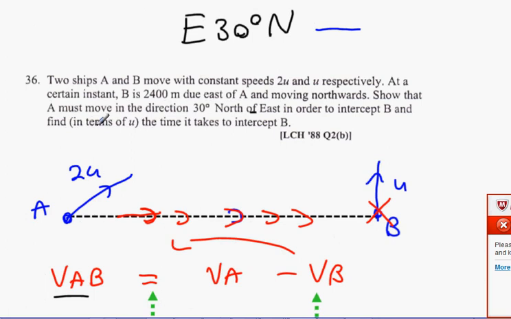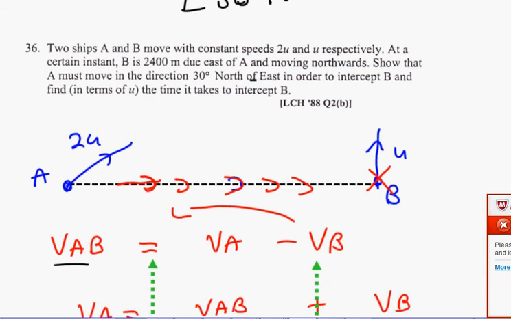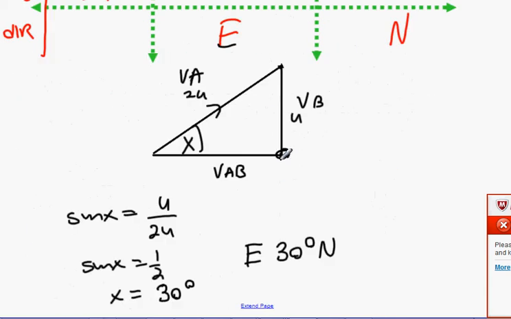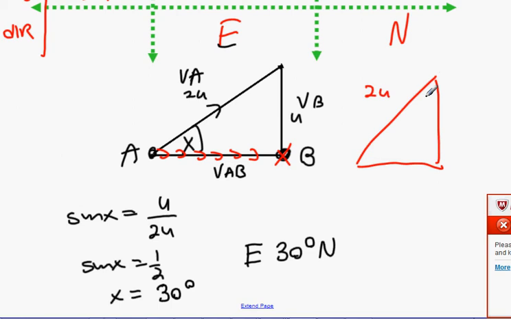Next part is, in terms of u, find the time taken to intercept B. Remember, B is held here. A is here. A is traveling relative to B in this direction. We need to find the speed on this component, the east component.